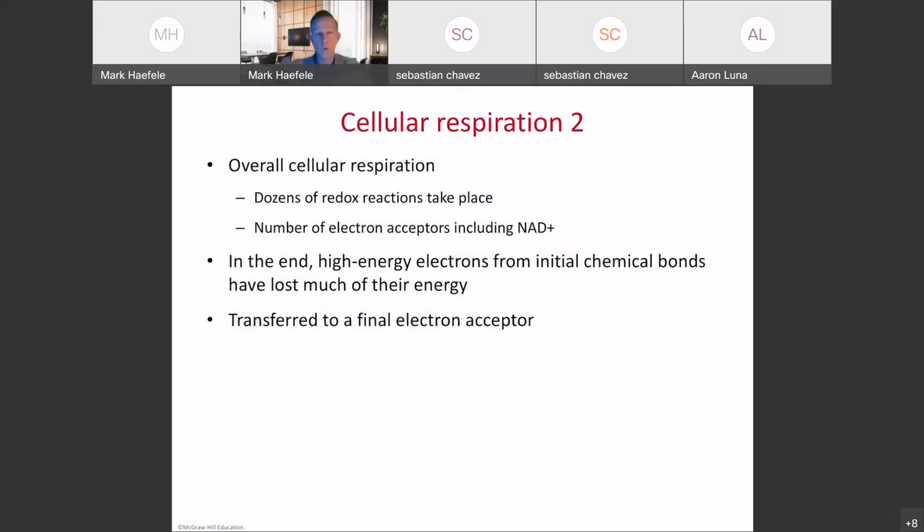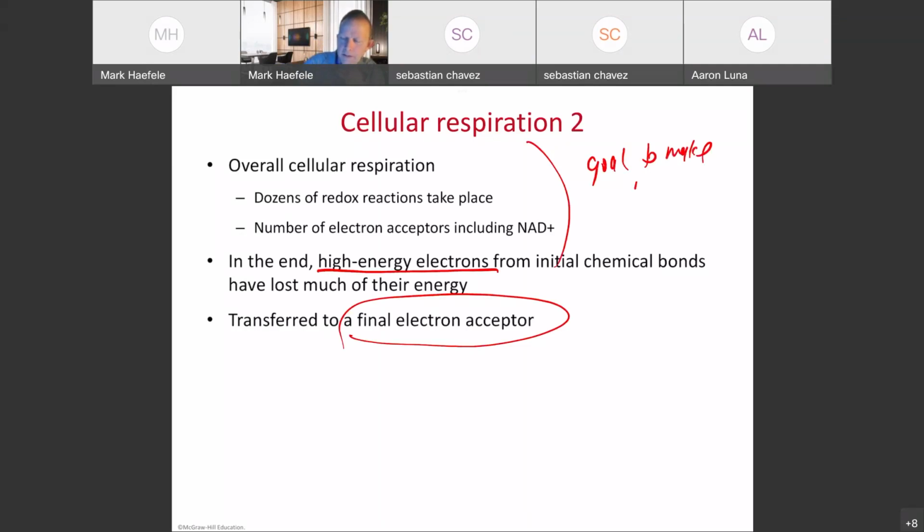So there's a lot of swapping back and forth of electrons, a lot of giving and a lot of taking. Ultimately, you're taking these high energy electrons out of these chemical bonds, and then you're transferring them to some sort of a final electron acceptor where you can actually get what you want. Remember, the goal here is to make ATP.